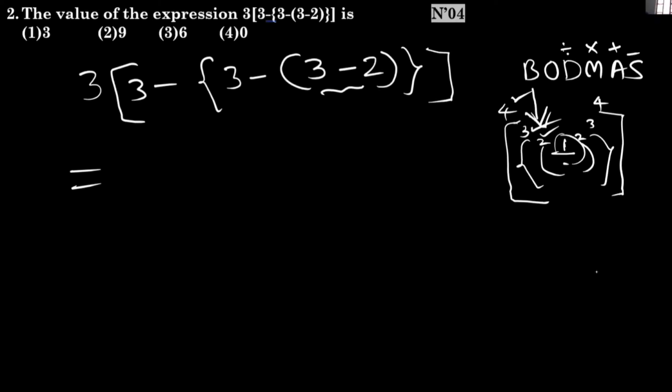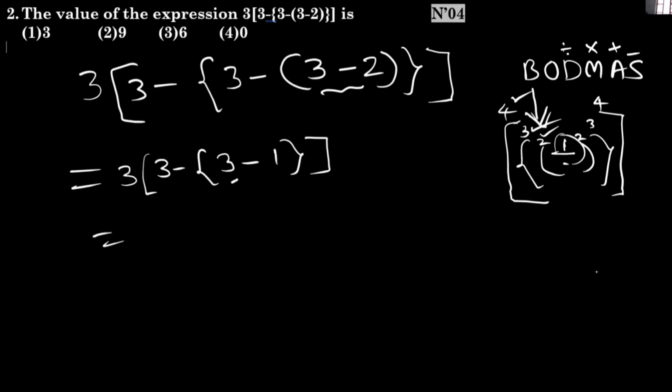So first we have to remove. There is no vinculum or bar bracket. That's why first we take the circular bracket. 3 minus 2, 1. These we should write as it is. 1. This circular bracket is completed, children.